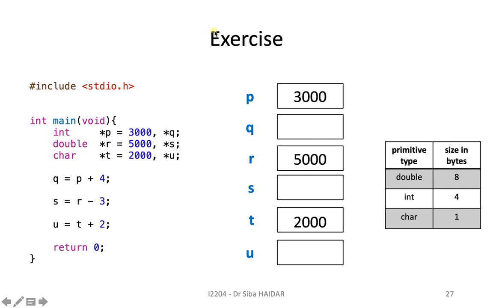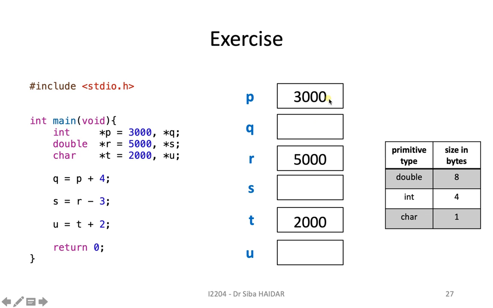So here are our 6 variables, P, Q, R, S, T, U. They all have the same size, but they all differ in the base type. So P and Q are of base type int, R and S are of base type double, T and U are of base type char. If I say Q equals P plus 4, what is the value of Q here?